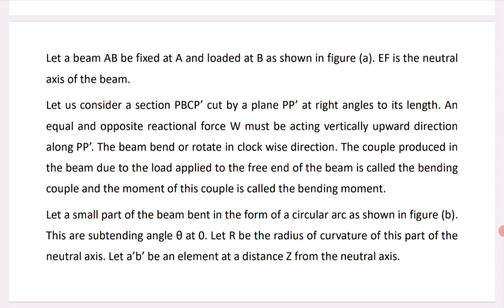Let a small part of the beam bend in the form of a circular arc, as shown in figure B. This subtends an angle theta at O. Let R be the radius of curvature of this part of the neutral axis. A dash B dash is the element at a distance Z from the neutral axis.